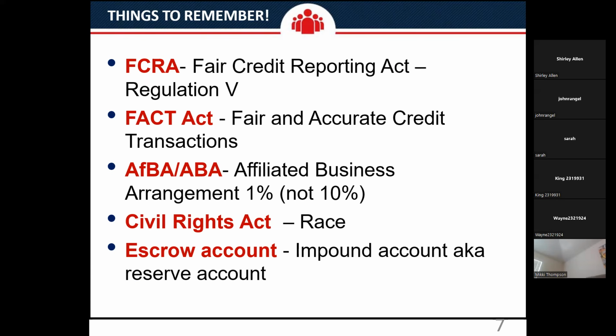Then we have the AFBA, the affiliate business arrangement. And the fact that it's 1% and not 10% is what you need to remember. An affiliate business arrangement is if you're doing a loan for somebody as an MLO, and then that person asks you to do some type of additional service.